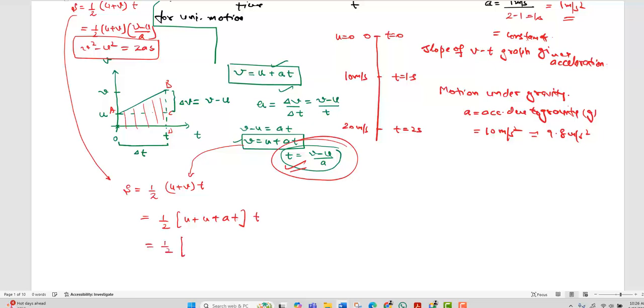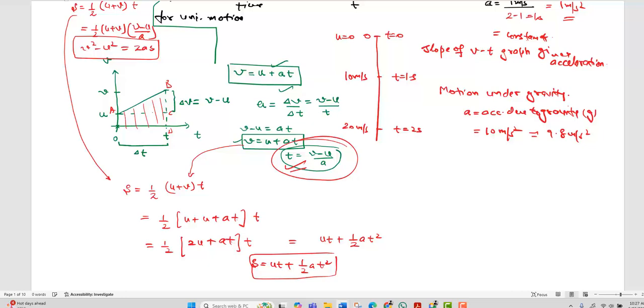So what will you get? 2u plus at times t, so that is equal to ut plus half at square. So finally what you will get? ut plus half at square.